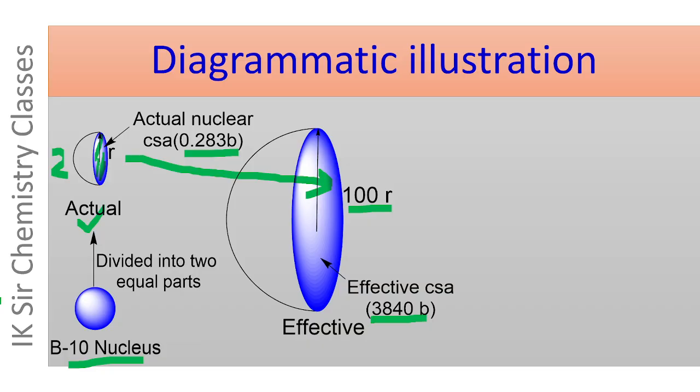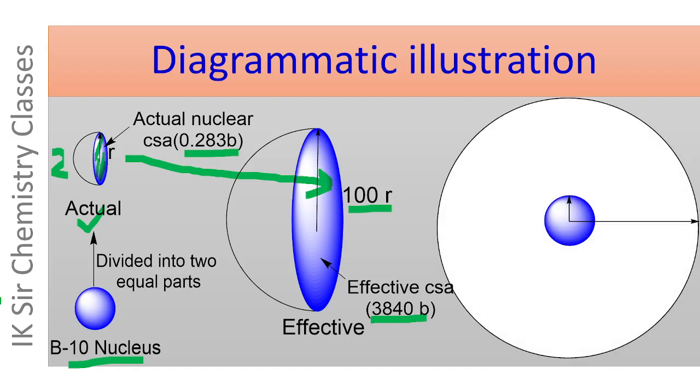Let us illustrate it with the help of a two-dimensional figure. It is the actual nucleus of B10, and this one is the effective. The actual radius of B10 nucleus is 3 into 10 to the power minus 13 centimeter, while the effective radius is 3.5 into 10 to the power minus 11 centimeter.